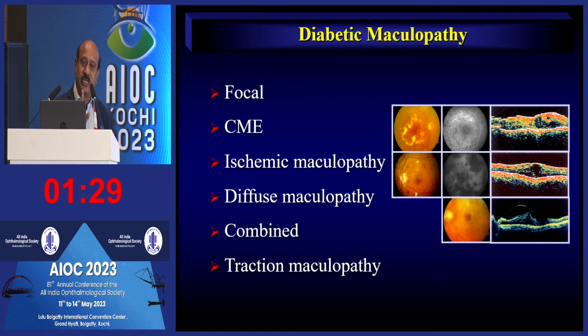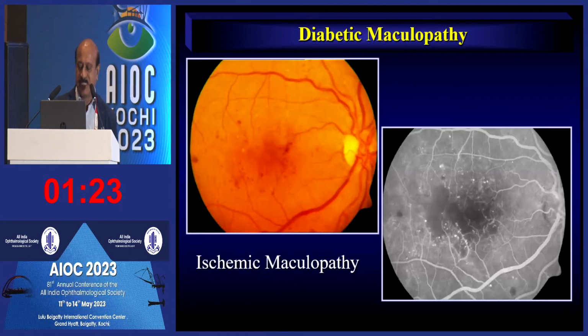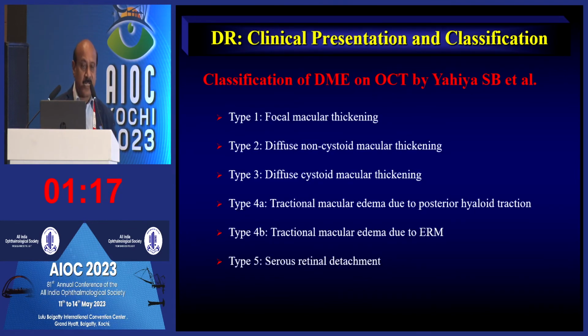You need to identify this, because the treatment or management strategy differs with these patients. So this is an example of ischemic maculopathy. And OCT you can utilize to the maximum extent to type what diabetic maculopathy you are dealing with.